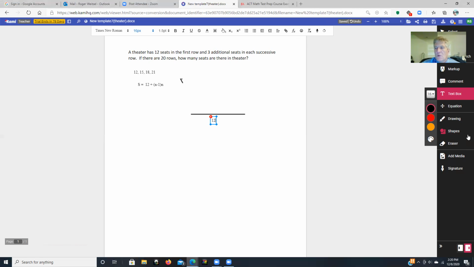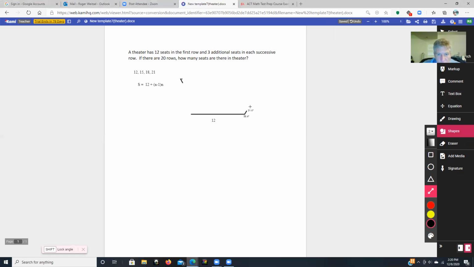So the seats are going to go back at an angle there and back at an angle there. That is a terrible looking trapezoid, but it will work for purposes of this example.